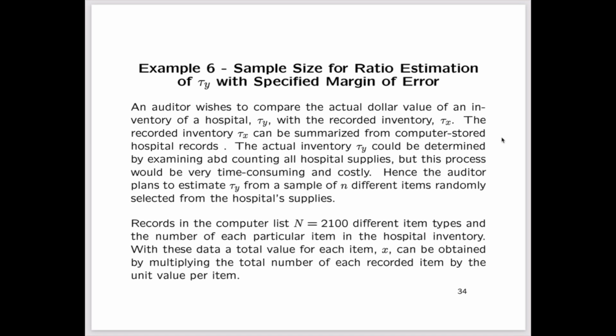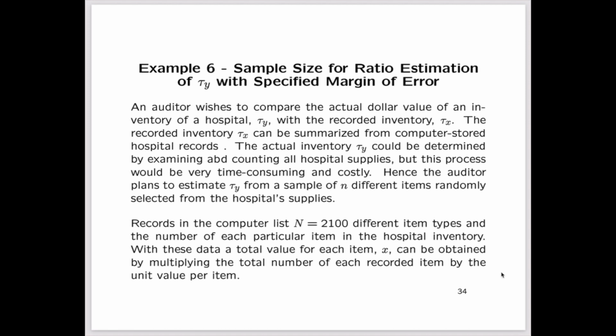The actual inventory, tau sub y, could be determined by examining and counting all hospital supplies, but this process would be very time-consuming and costly. Hence, the auditor plans to estimate tau sub y from a sample of n different items randomly selected from the hospital supplies. Records in the computer list capital N equal to 2,100 different item types and the number of each particular item in the inventory of the hospital.